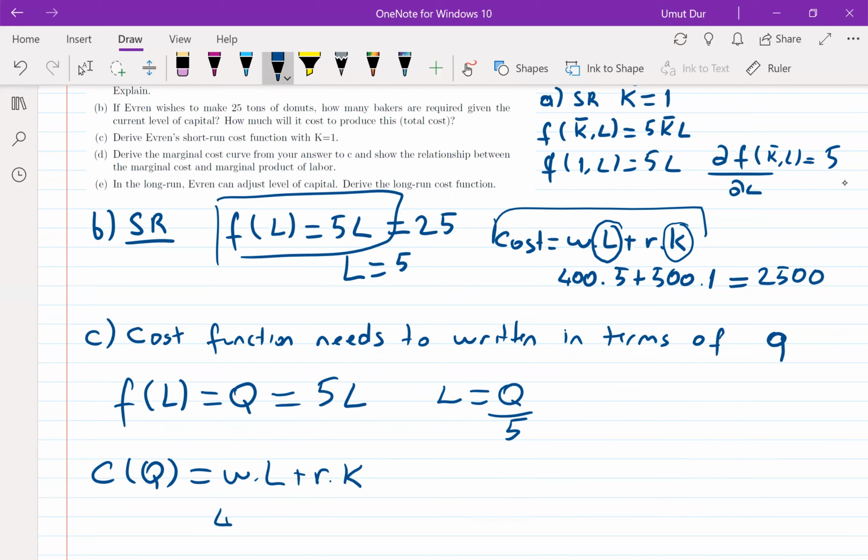W is 400 times, instead of L, now I use Q over 5, plus R is 500 times 1, so I have 500 plus 80Q. So this is the short-run cost function.